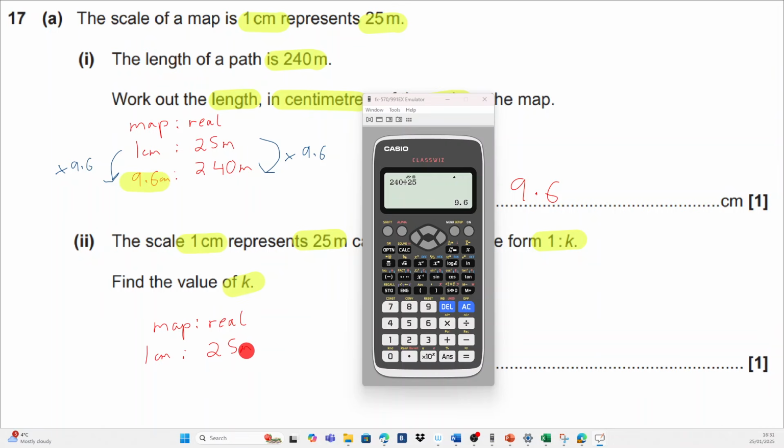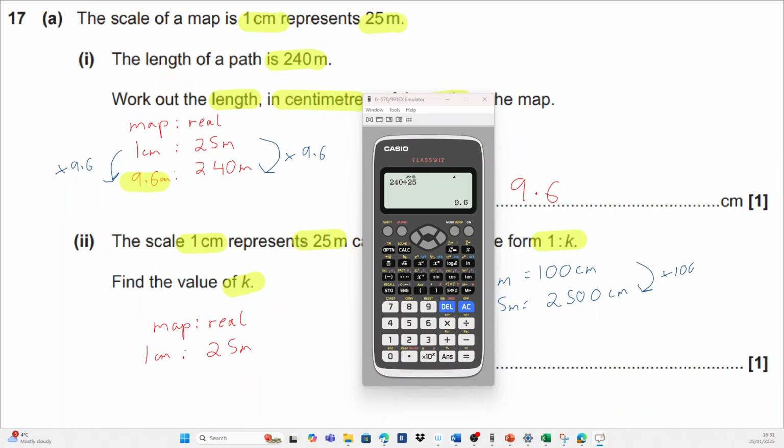Now, because the units here are different, you've got cm and meters, you've got to get them into the same unit to compare it. And we know that 1 meter is the same thing as 100 centimeters. So that means that 25 meters must be equal to 2,500 cm, because you're just timesing through by 100.